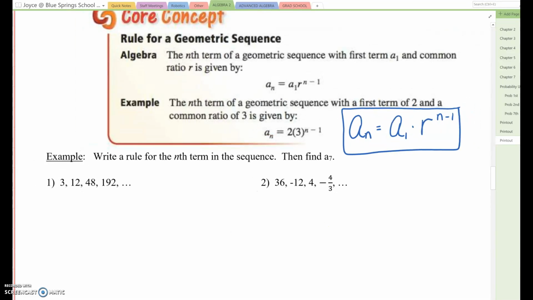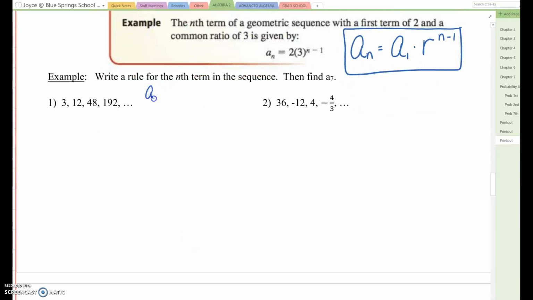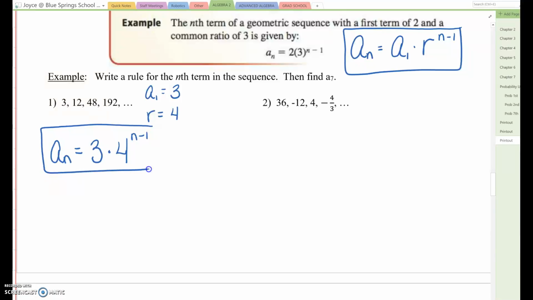So in this example, number 1, our first term is 3. We need to figure out what our common ratio is. It's multiplying by 4. Once we know our first term and our common ratio, we can write the nth term equals the first term 3 times the common ratio 4 raised to the n minus 1.